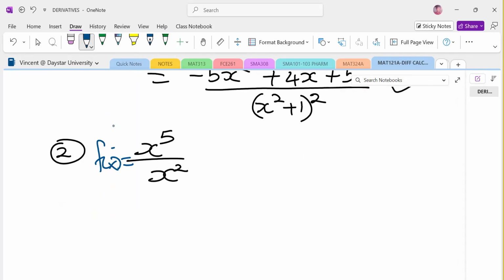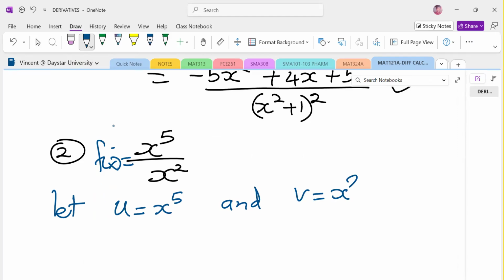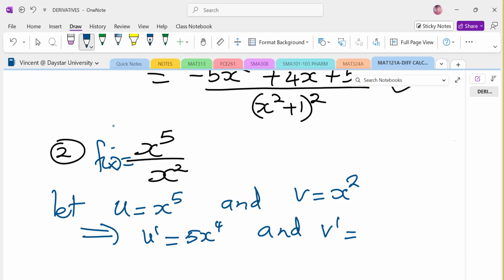So by definition, we let u be x power 5 and v be x squared. Which means u prime is 5x power 4 and v prime will be 2x.